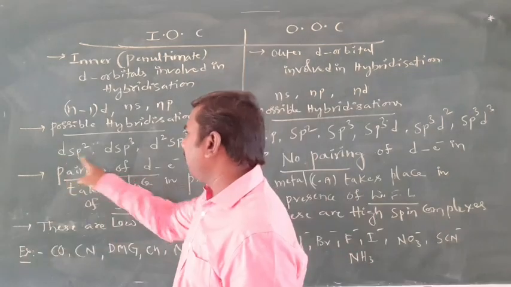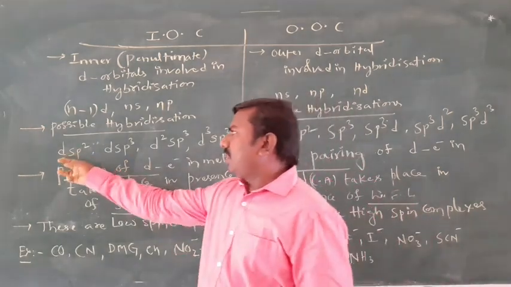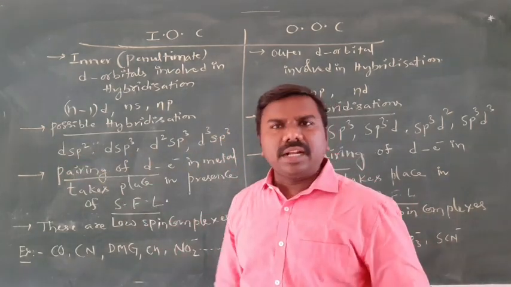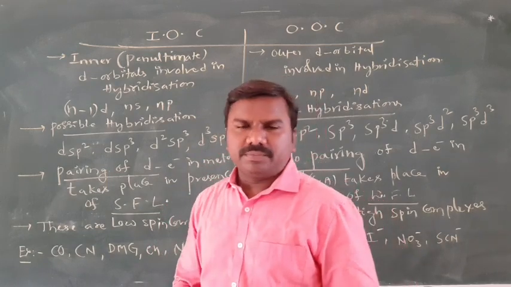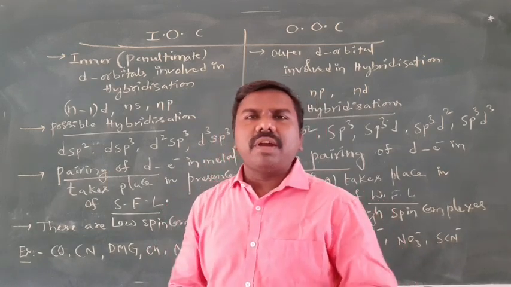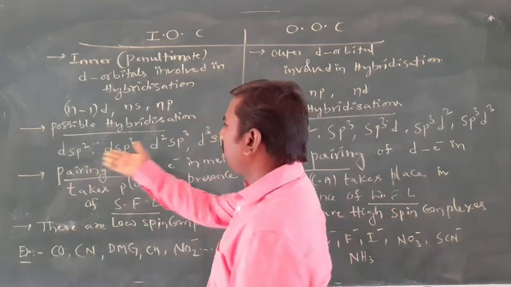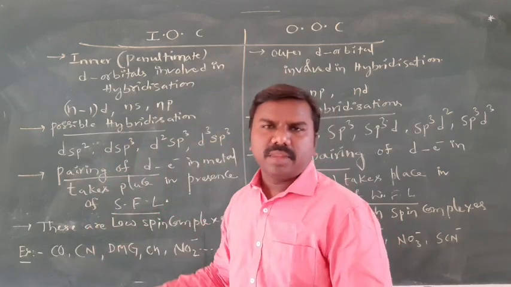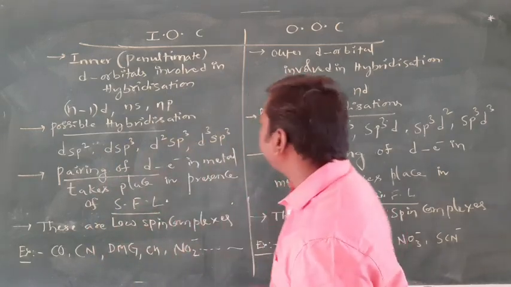That's why in every case I have written d first, and d2, d3 like that. This is because of requirement. How many bonds are required for us? Based on the number of ligands, we can say the possible hybridization. So it is not fixed, it is based on requirement.